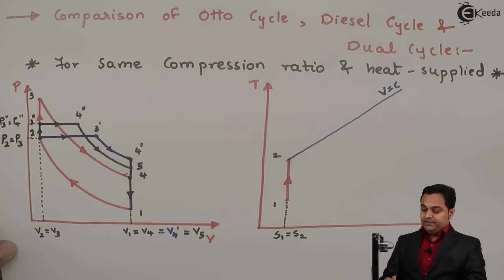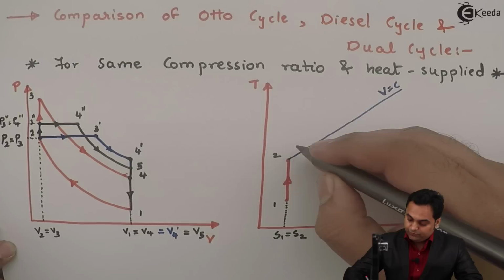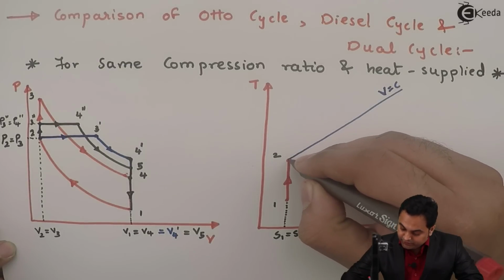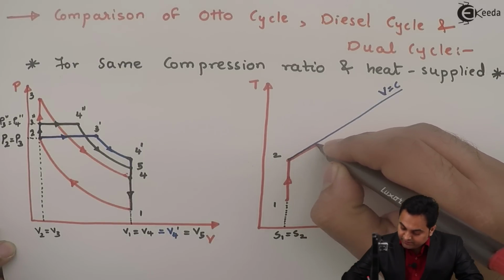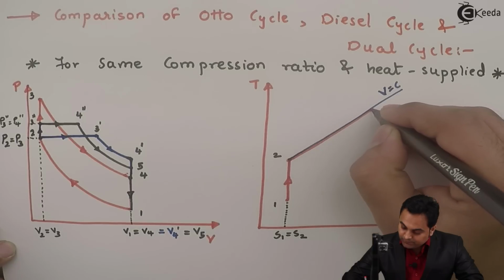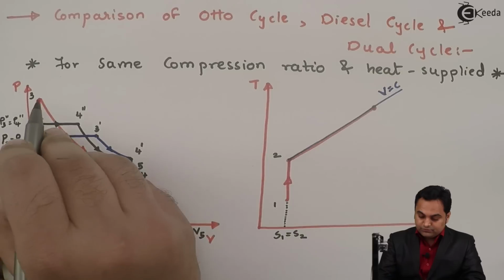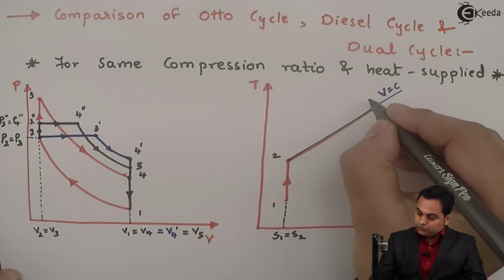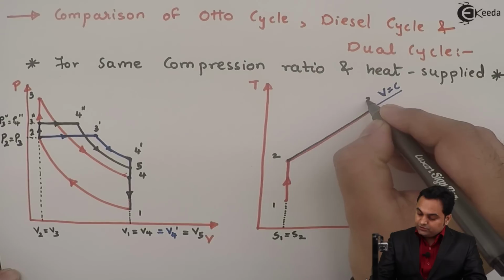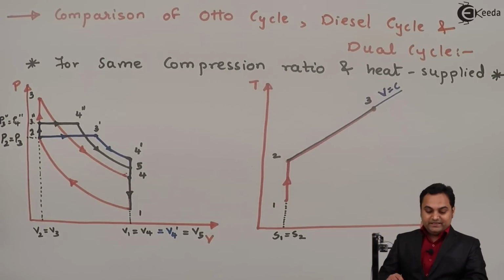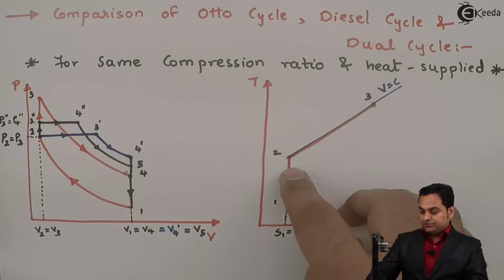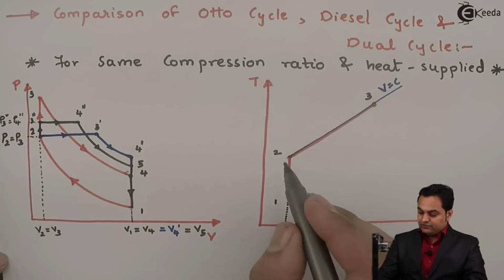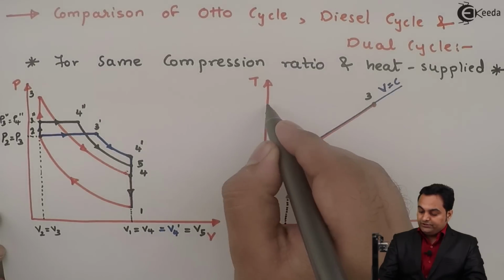So the heat addition takes place at constant volume. It means after point 2 the heat will be added on this line up to point number 3. So this is the constant volume heat addition, and as we see here, during the heat addition process temperature rises from point T2 up to point T3.